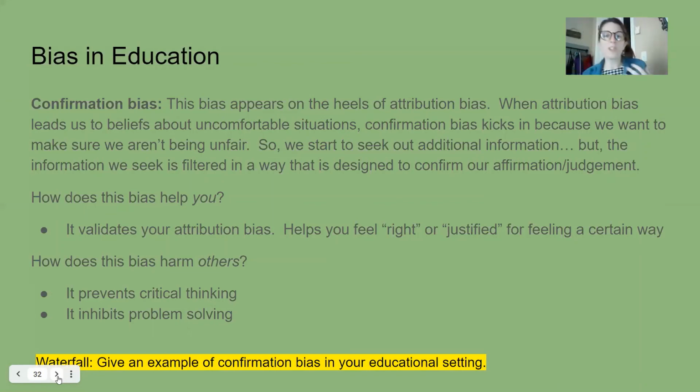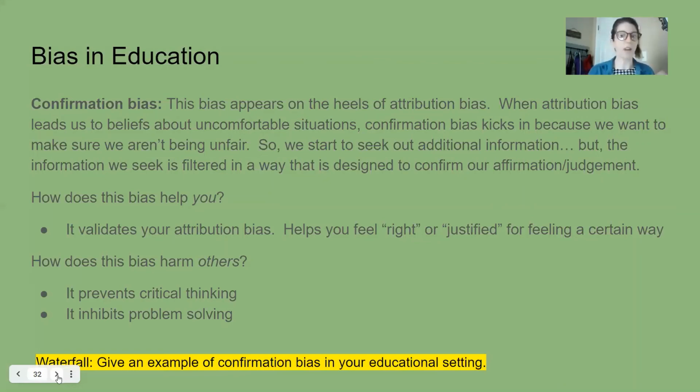And so we start to seek out additional information to help us make more sense of what's happening. But the information that we seek tends to be filtered in a way that is just set up to confirm our previous bias. And it really gives us no ability to look for other problems, right? So how does this help you?